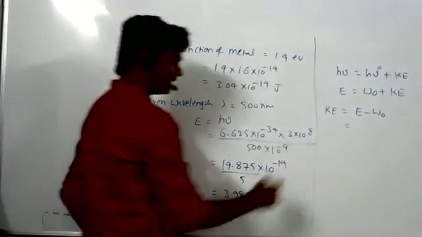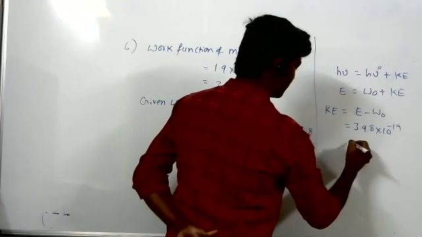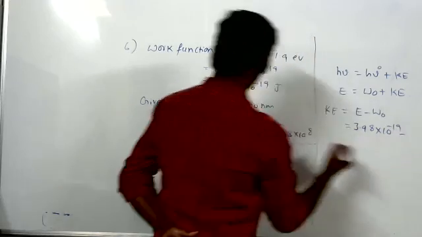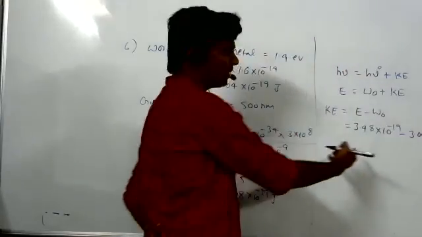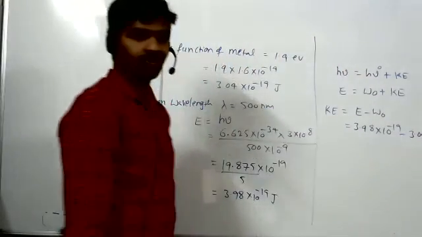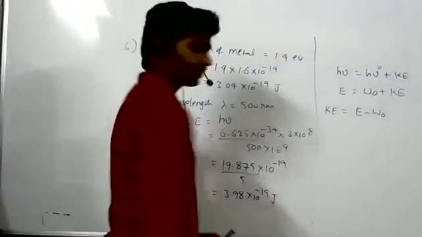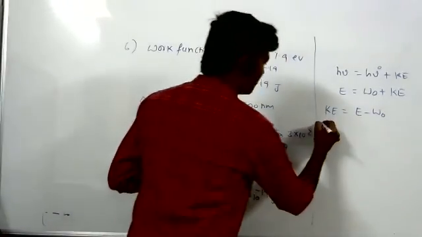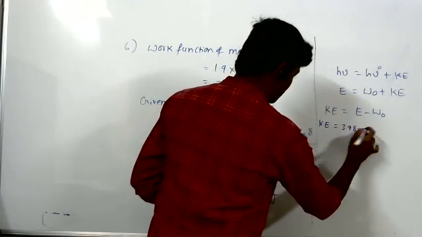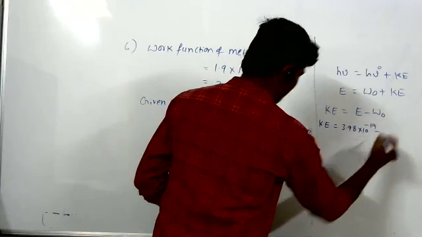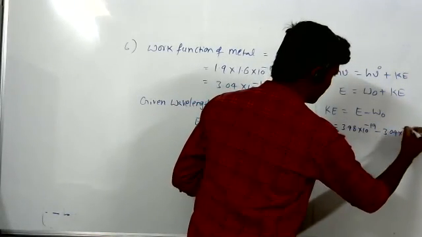Energy is 3.98 into 10 power minus 19, minus 3.04 into 10 power minus 19.